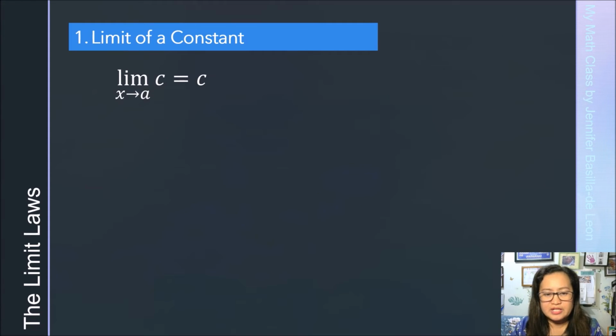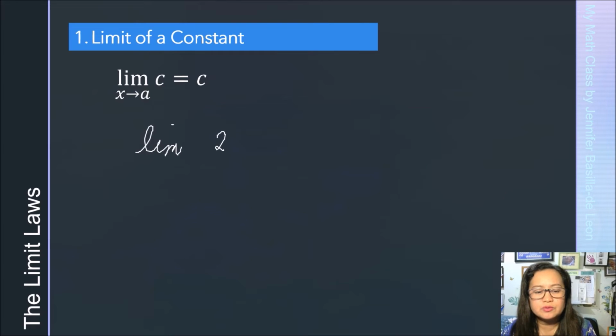Now let us consider the following limit laws in order to generalize our application of the concept of limits. The first one is the limit of a constant. The limit of c as x approaches a is equal to c. So for example, the limit of 2 as x approaches negative 1 is just equal to 2.